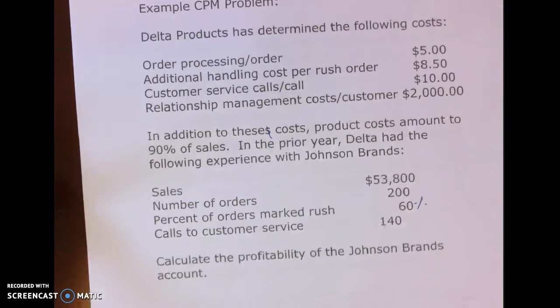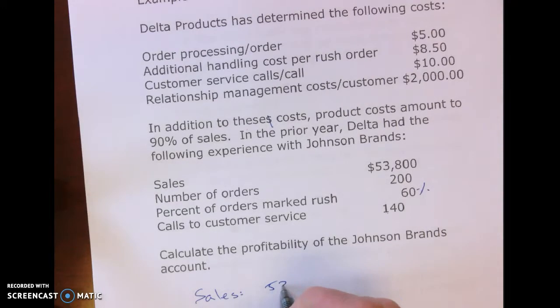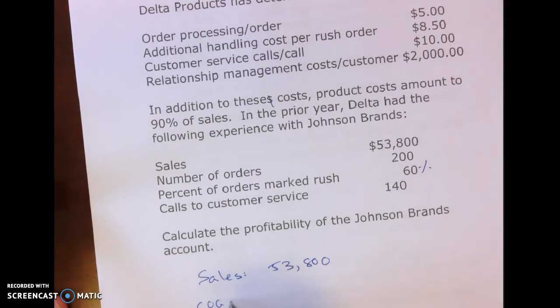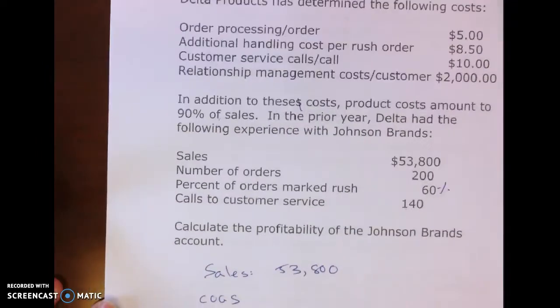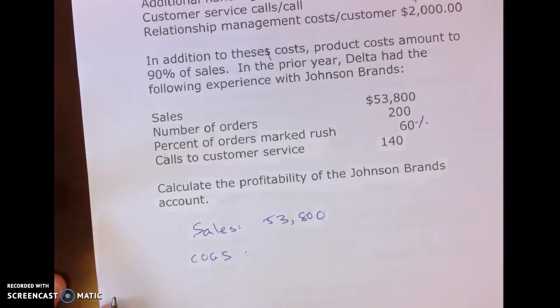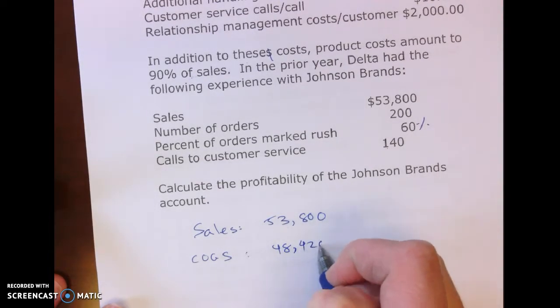Now let's go ahead and calculate out the profitability. We come over here, we have our sales, $53,800, and then we have our cost of goods sold, and that is our product cost. So we're going to take $53,800 times 0.9, because it's 90%, which gives us $48,420. Okay?